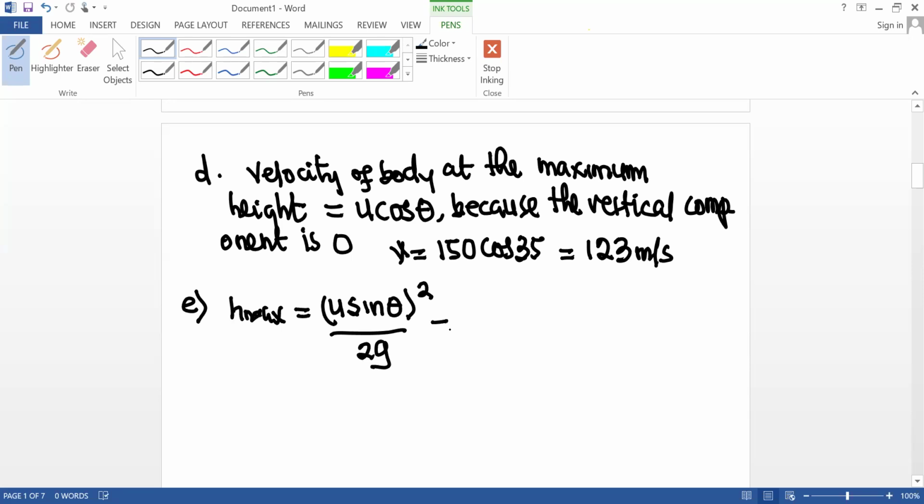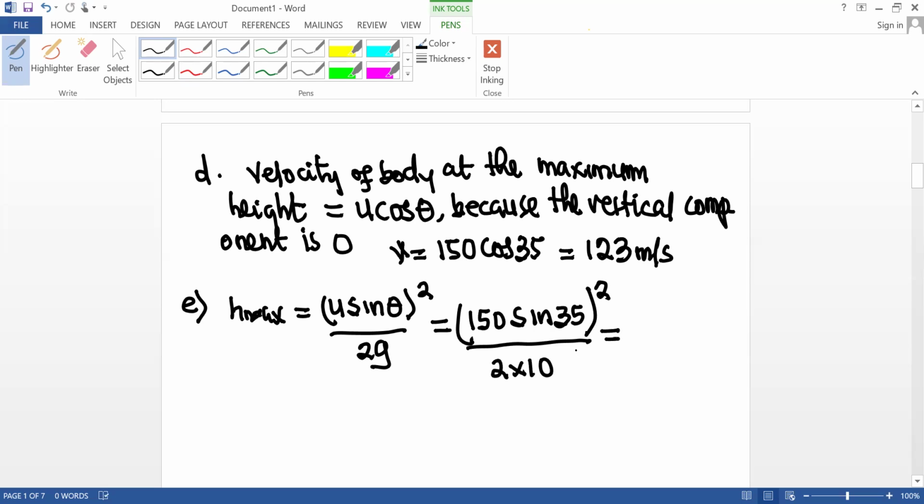So if you want to use this formula, then 150 times sine of 35, all squared, divided by 2 times 10.